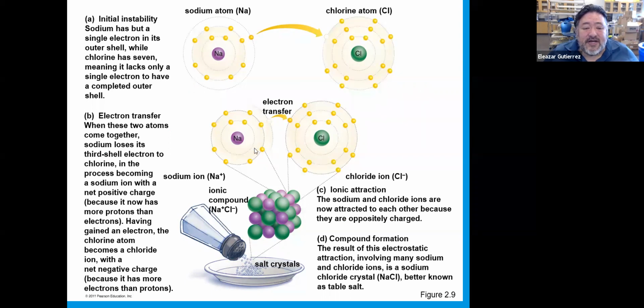Now, something that you need to realize about this is that when this electron gets transferred, both sodium and chlorine are considered ions. So an ion is a charge that is instilled on an element as a consequence of it gaining or losing electrons. So sodium ends up being an ion, a +1, and chlorine ends up being an ion, a -1. Okay.